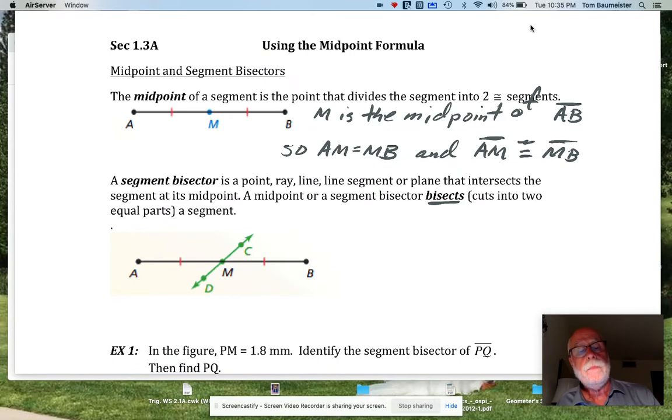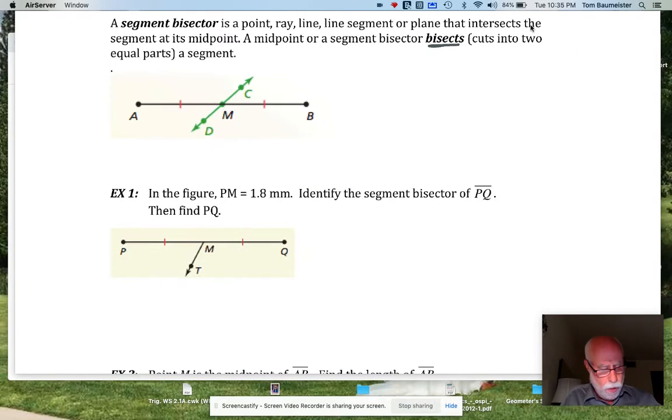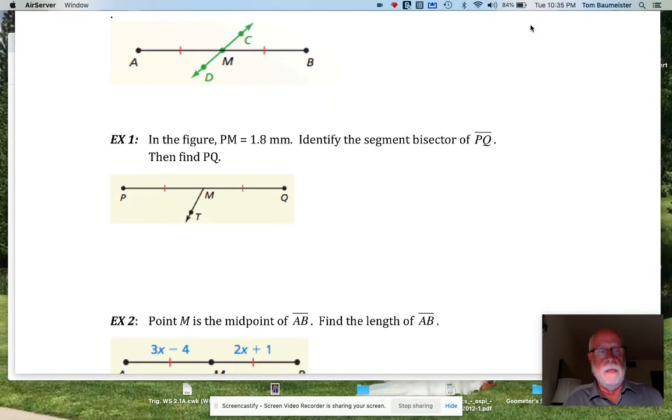All right. So example 1, in the figure, PM is equal to 1.8 millimeters. So from here to here is 1.8 millimeters, and it wants us to find the total distance there.